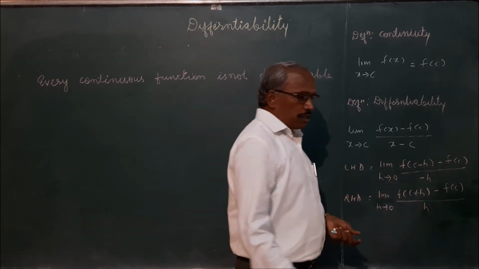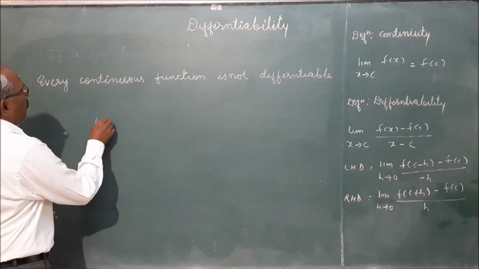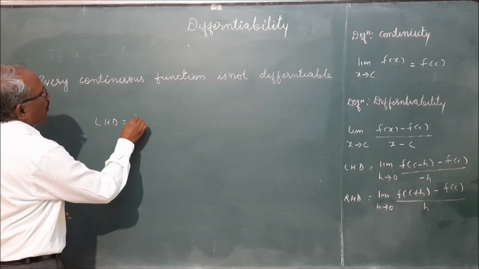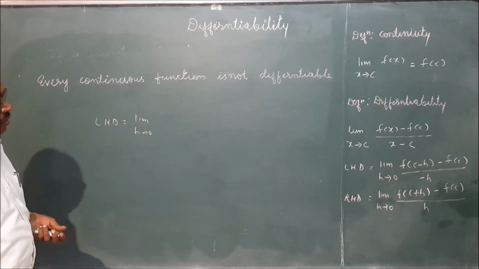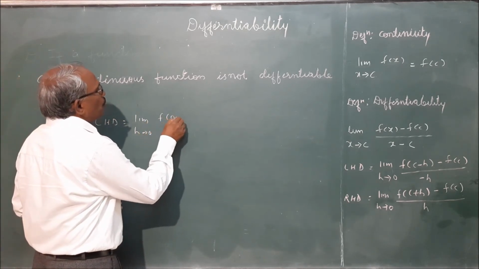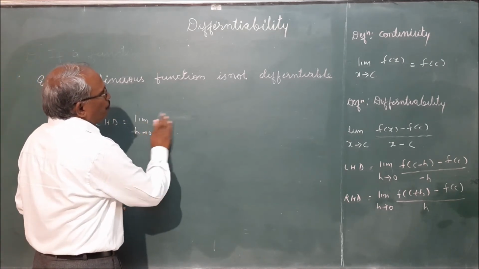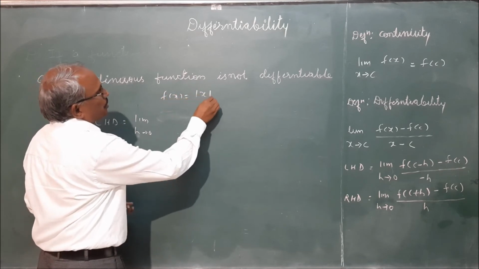We will calculate the left hand derivative first. Here c is 0, so it is limit h tends to 0, [f(0 minus h) minus f(0)] upon minus h, with f(x) equal to mod x.